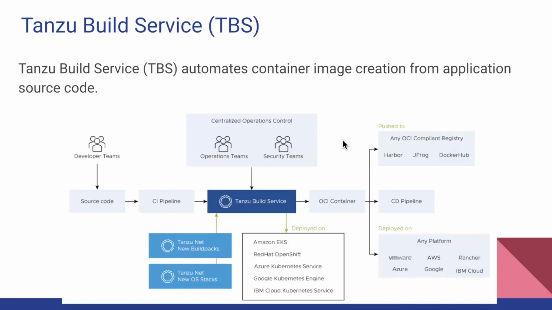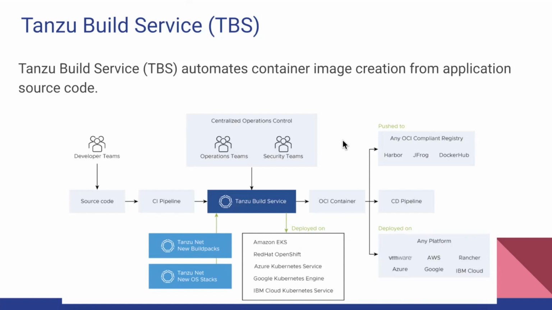Tanzu Build Service, which is referred to as TBS, as I said, helps to automate the container image creation from source code. Your source code is available on maybe some GitHub. It may be available on a local system, right?